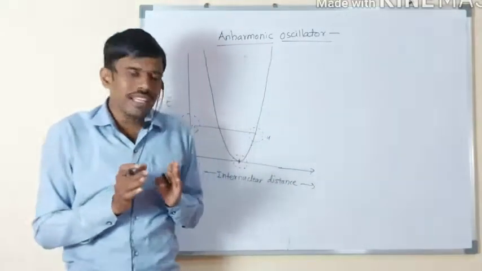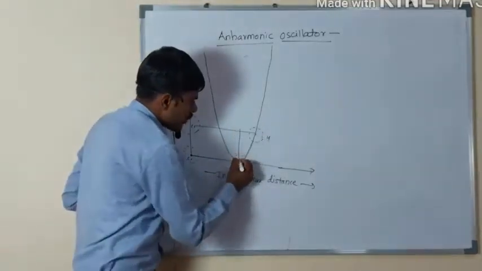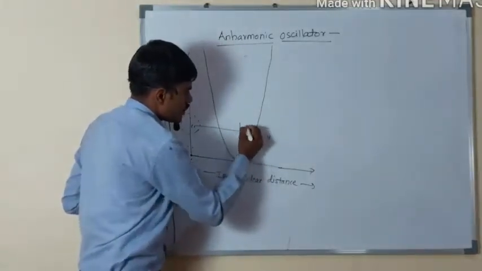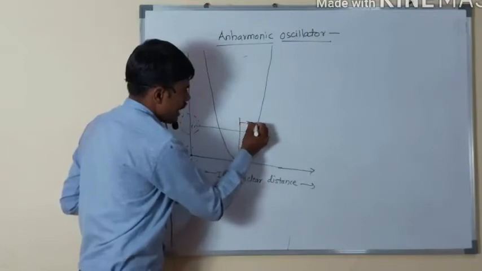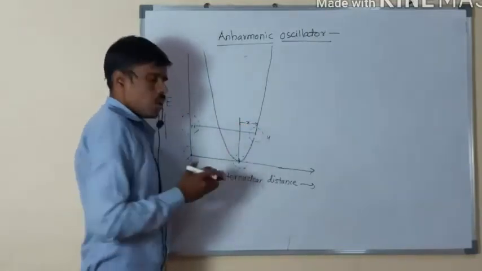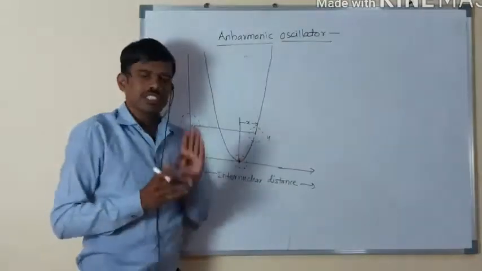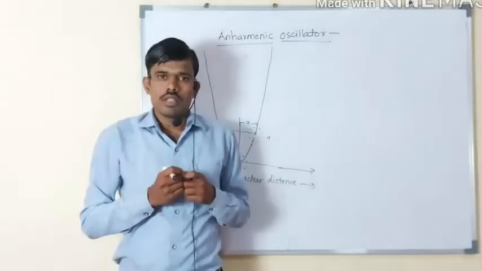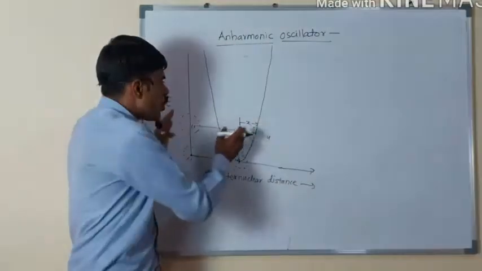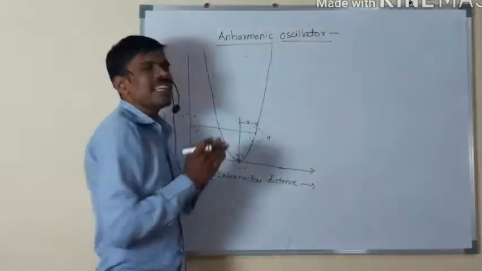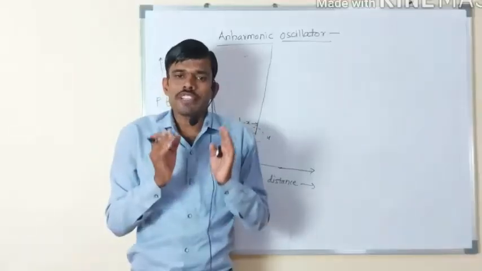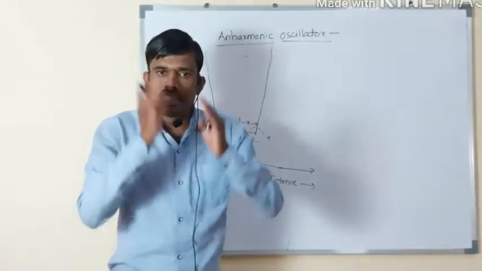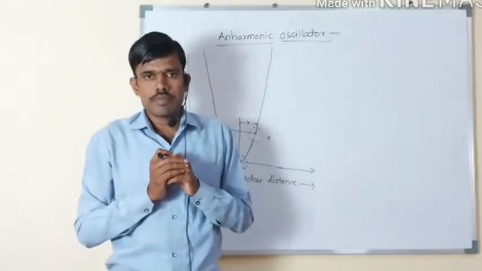This stretching of bond is the displacement from the original position. This is the displacement x from the internuclear distance. The stretching of bond is possible up to a certain limit. After that limit, the dissociation of bond takes place.